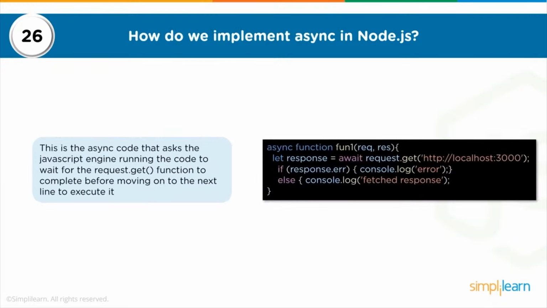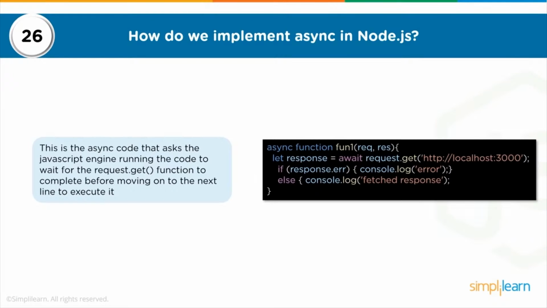So how do you implement async in Node.js? The example that we have on the left-hand side allows us to trigger async, and it's using the async function. And as you can see in this example, it's something that can be done very quickly. We're making a command to localhost and an app that's running on port 3000.